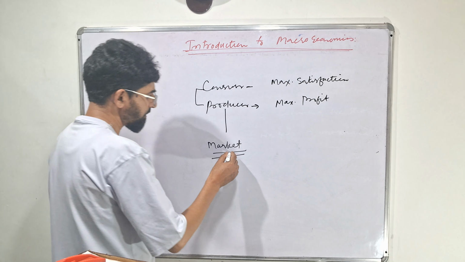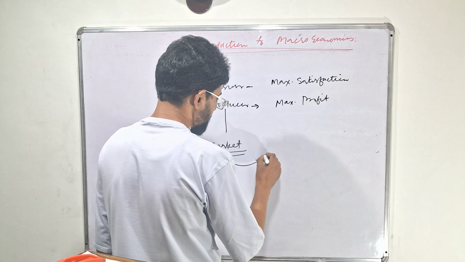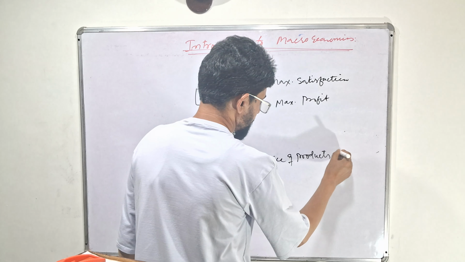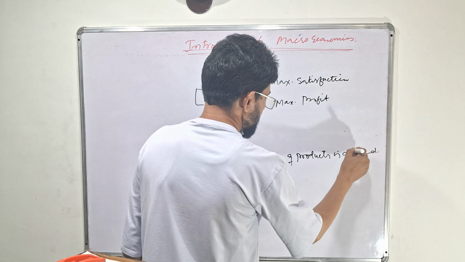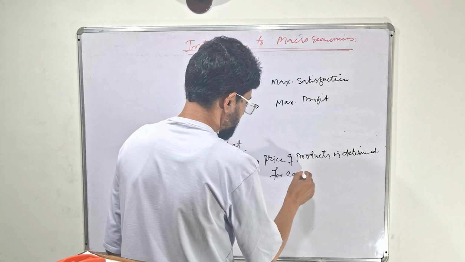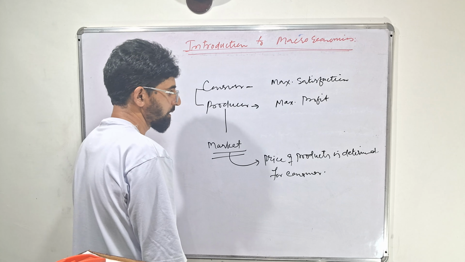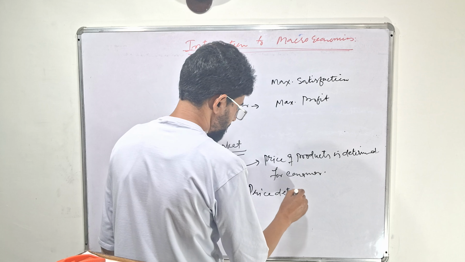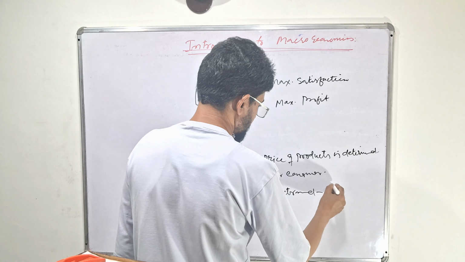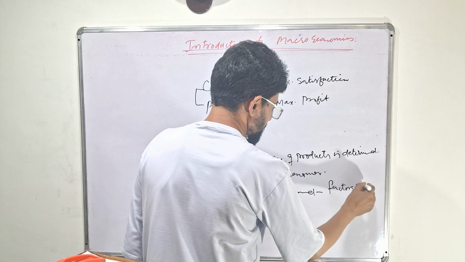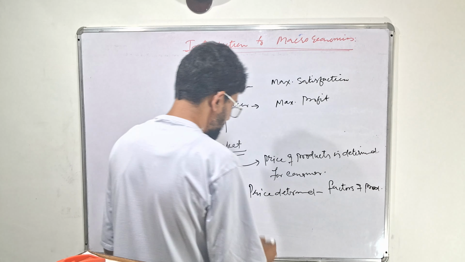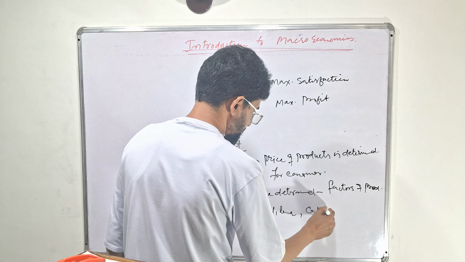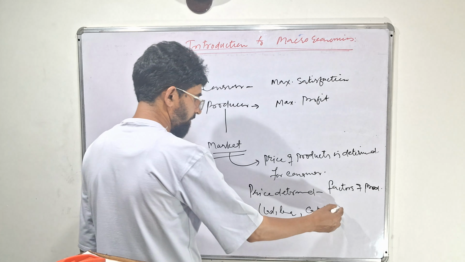In the market, the price of the products is determined for the consumer, and the price is determined for the producer's factors of production, like land, labor, and capital.